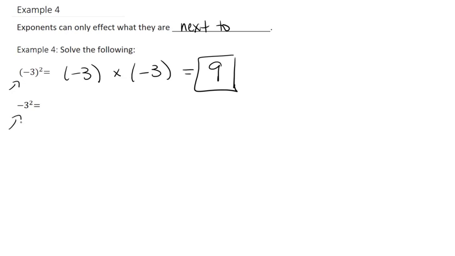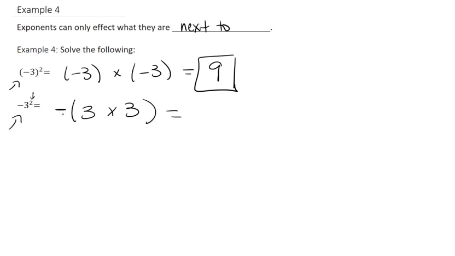Now look at this one. This one doesn't have parentheses. So that exponent only affects the 3, not the negative. So how we would do that is, we can leave the negative out there and go 3 times 3.